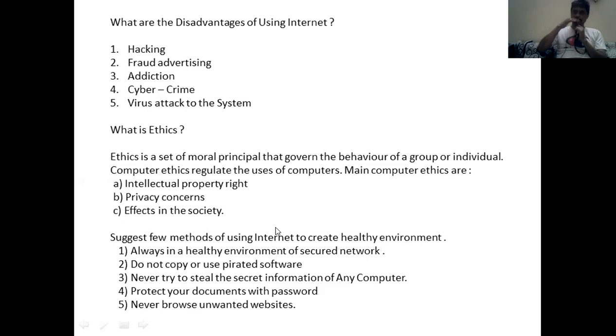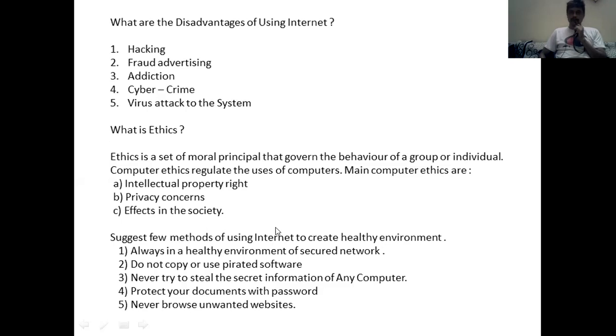So when you are using computers, maybe the internet, maybe anything, you need some ethics to follow. You have to follow some kind of behavior which should be restricted within limits. And these limitations or this kind of control is known as ethics.